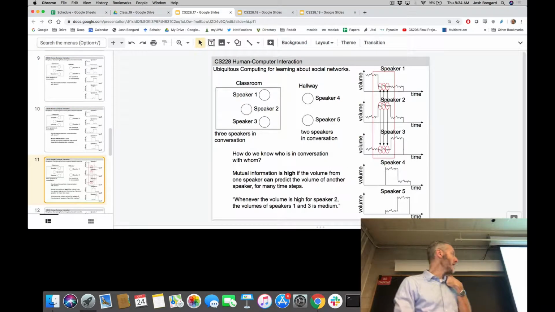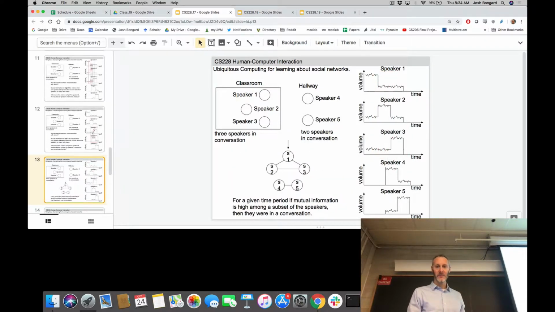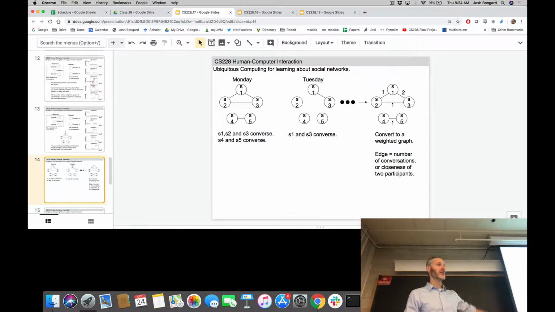We ended last time by looking at this idea of mutual information. So using mutual information applied to just the volume levels of the microphone to infer who's speaking to whom and when and how often. Use that to distill all that microphone volume information down into a social network where the nodes are the graduate students and the weighted edges are the number of inferred conversations that those graduate students had.